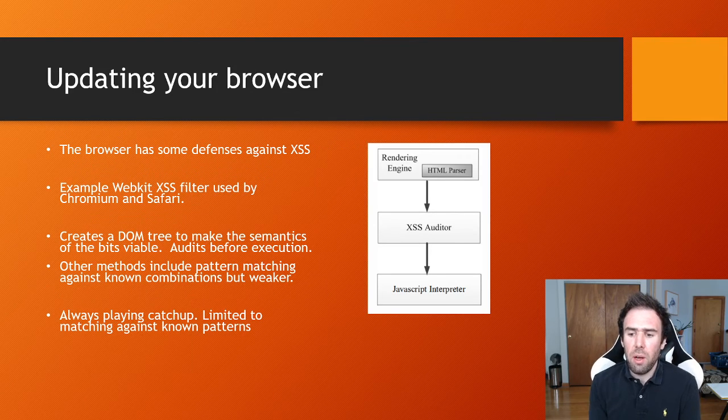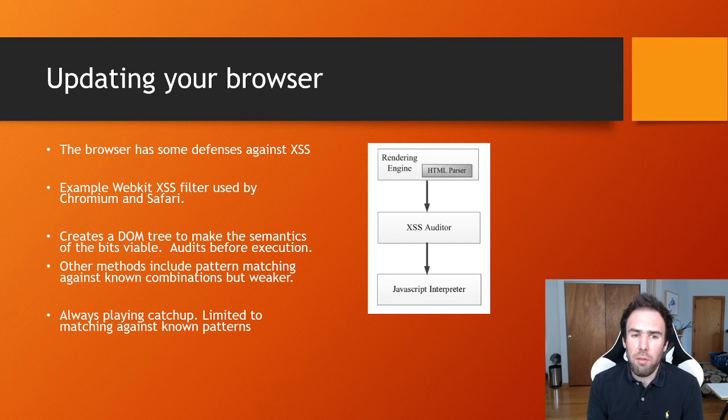And then finally, updating your browser. So some of the XSS auditors, they take different approaches. Some of them look at the incoming data, and some of them actually construct the DOM tree so that they can look at all of those hacks I was talking about, where when it's coming in, it looks not malicious, but then after the JavaScript does its data transformations, its output is actually malicious.